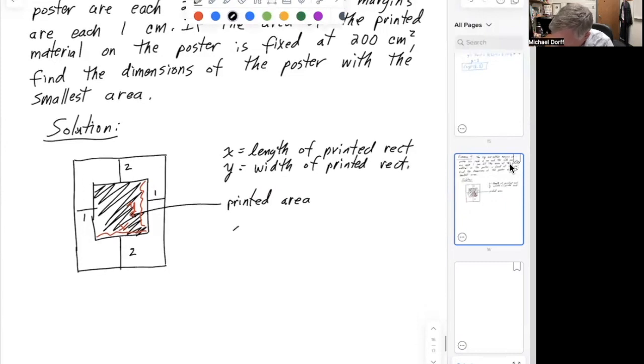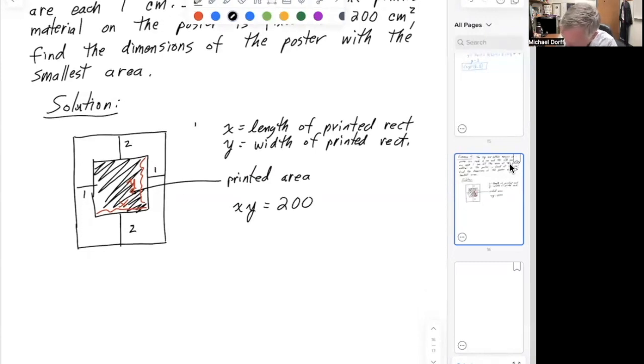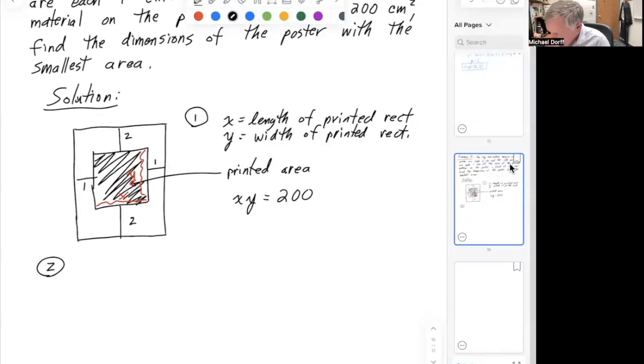All right, so we know then that X times Y is 200. Okay, so this is then part one. We've defined our variables, and we've got an equation here using the material that's given us, and that is X times Y equals 200.